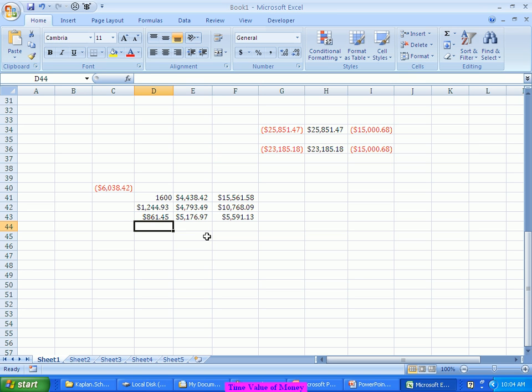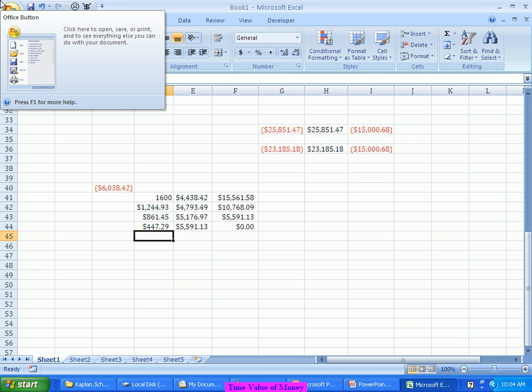The same logic again, your interest portion will be 8% of this, whereas you are still paying 6,038. So your principal repayment is this much. So your outstanding at the end of 4 years is going to be 0. That is what says your loan is getting completely paid off.